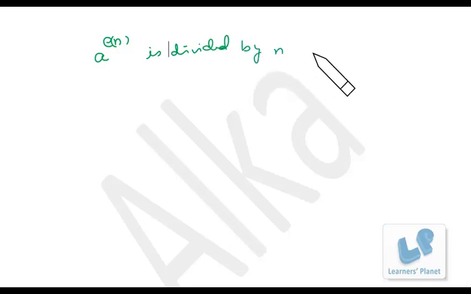Now how is the Euler number useful to find out the remainders? For that just note down the concept, the application. When we have any number a, if a raised to en is divided by n, the remainder will be 1. What is en over here?